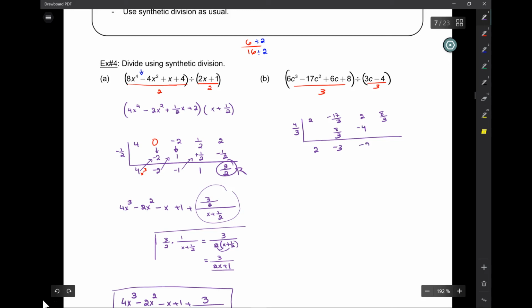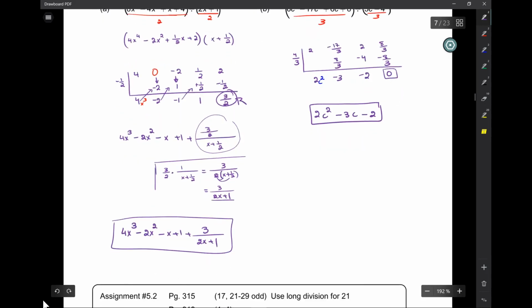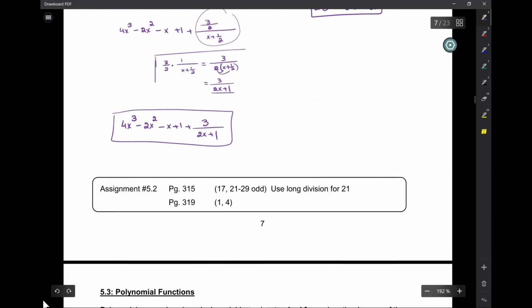I add and I get negative 2. Multiply negative 8 over 3, and look, that gives you a remainder of 0. So now I started with c cubed, c squared, and so on. So my quotient is 2c squared minus 3c minus 2, no remainder. All right, so that's the homework for tomorrow.